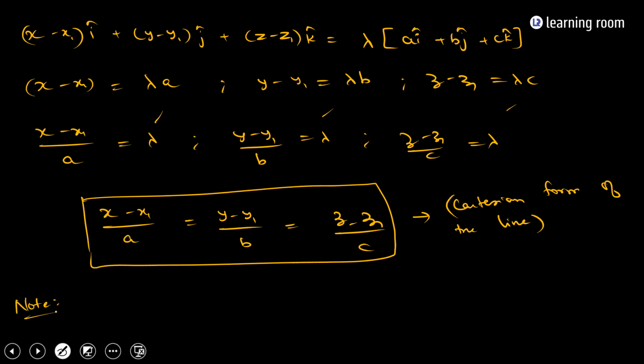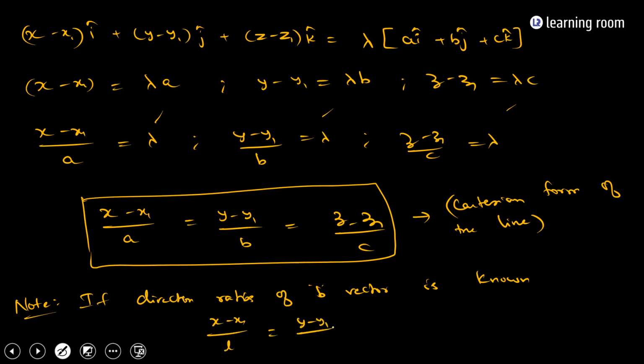So here, if the direction cosines of B vector are known, then we can write x minus x1 divided by l is equal to y minus y1 divided by m is equal to z minus z1 divided by n, because we know that the direction ratios are exactly in proportion with the direction cosines, right? So here I'm stressing on the point again. By default, you should write it in this format. So you need to first check whether they have given you the direction ratios or direction cosines of B vector. Depending on that, you will choose either of them.